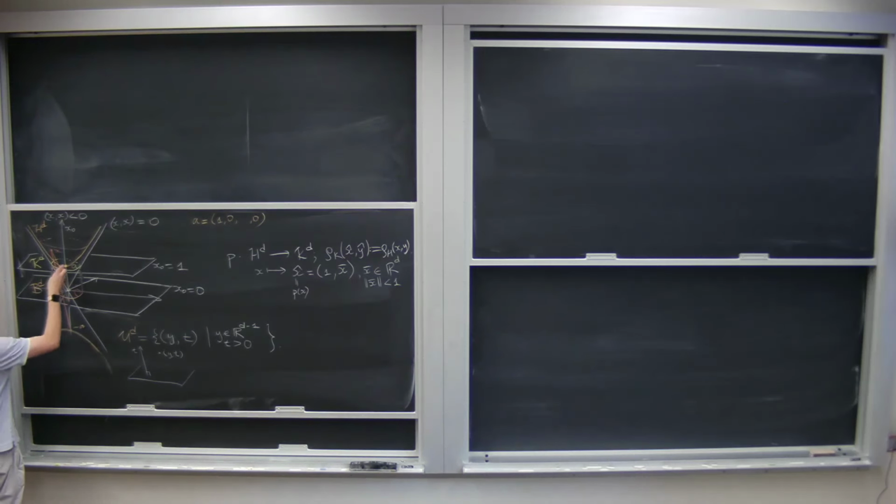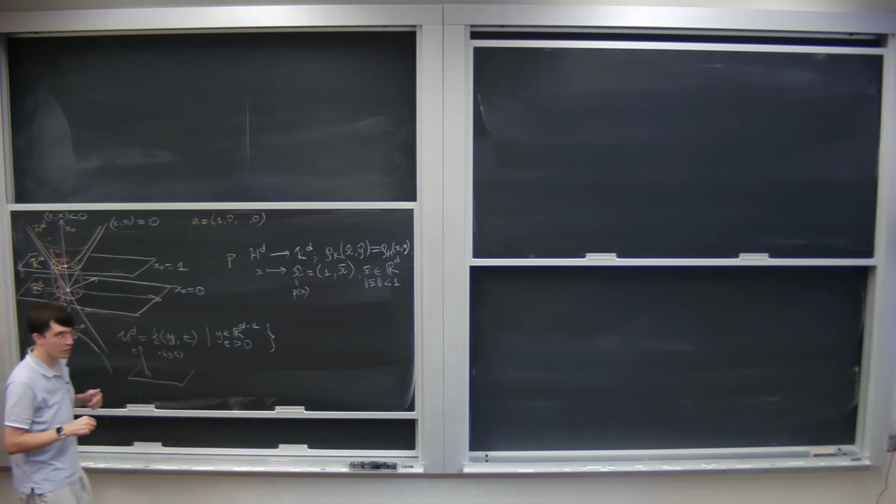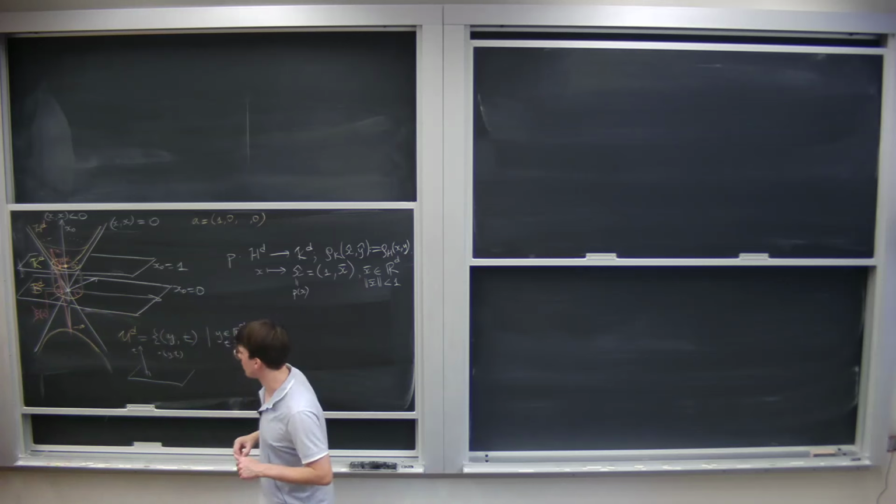So this point is U of x, while this point is, I don't know, maybe it's not a good idea to use different types of letters, but let it be psi, right? Psi of x.